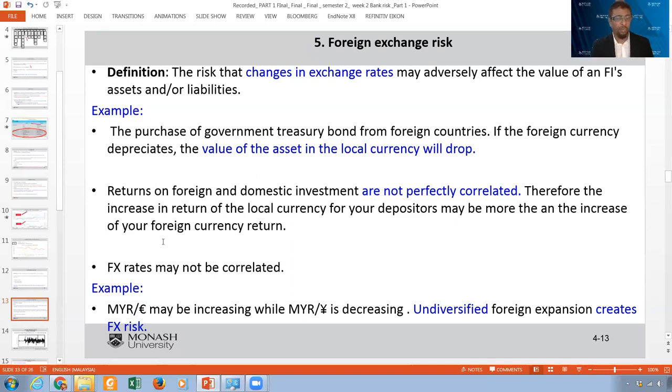This correlation between the currencies is not there, and this is why you always have a problem. The Malaysian ringgit to the euro is different from the Malaysian ringgit to the yen, so the movement will not be correlated.